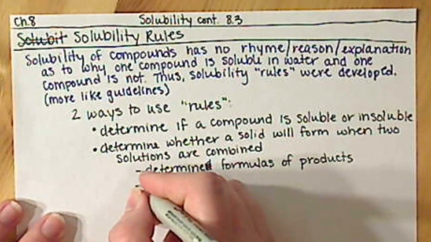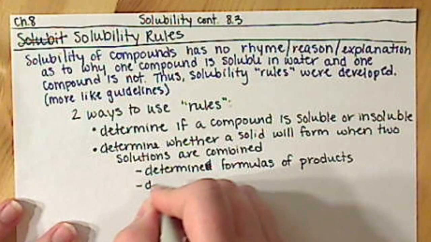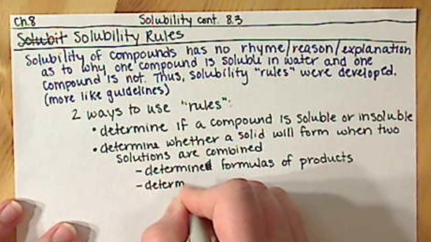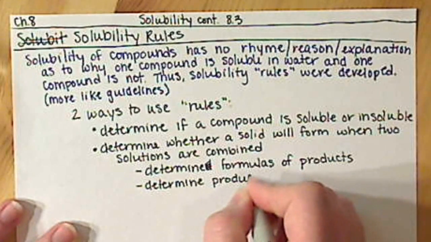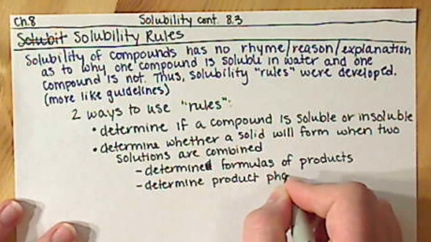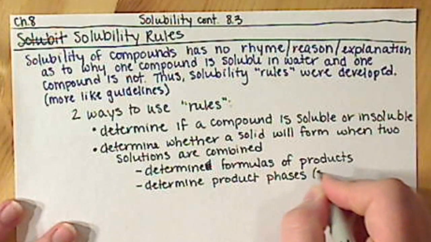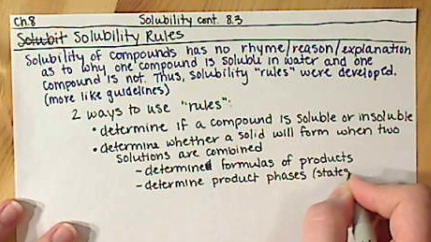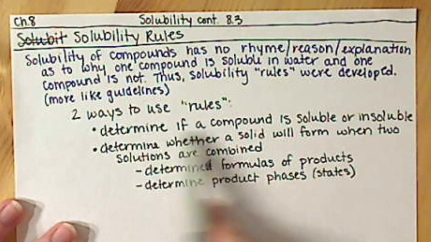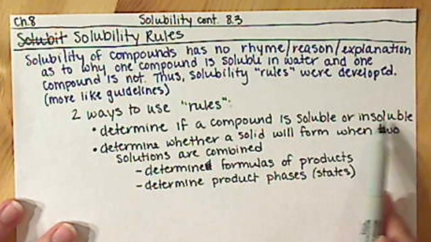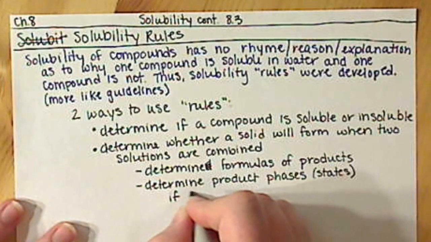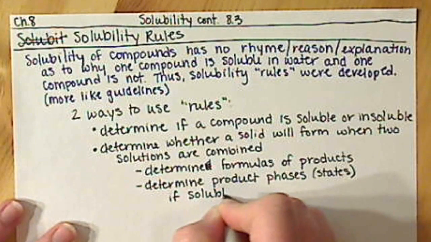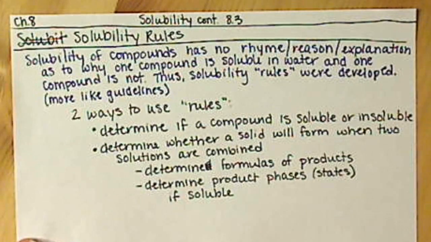And then we're going to determine their phases, or states. That's where we're determining if the compound is soluble or insoluble. If a compound is soluble, that means that it's going to dissolve in water.